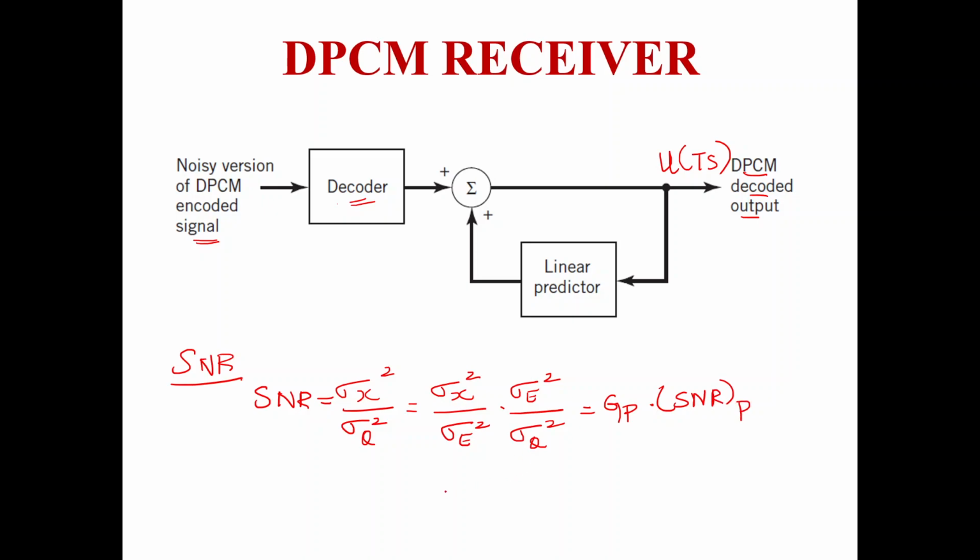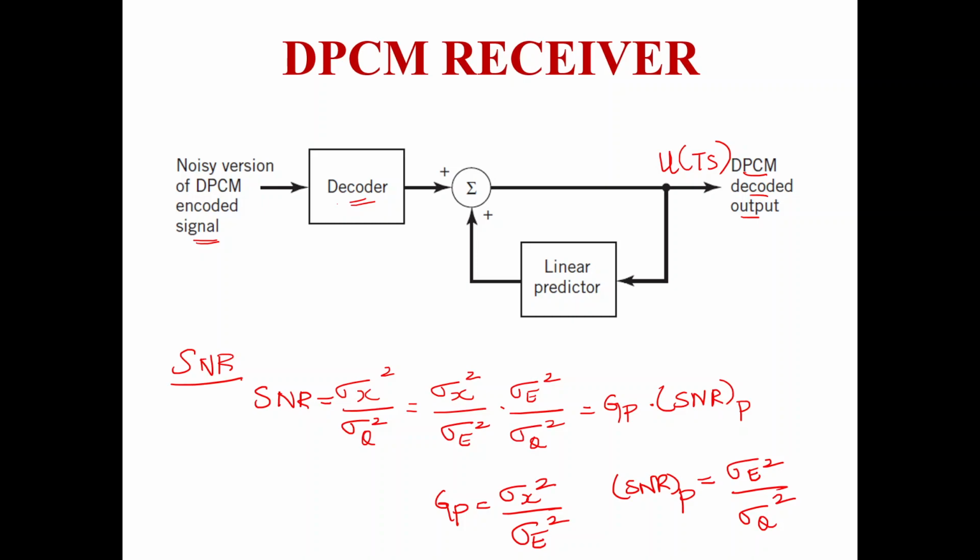So, what is Gp mathematically? It is nothing but sigma x square by sigma E square. This is your prediction gain which is obtained by the prediction filter, and SNRp, the signal to noise ratio of the predictor, is nothing but sigma E square divided by sigma Q square.